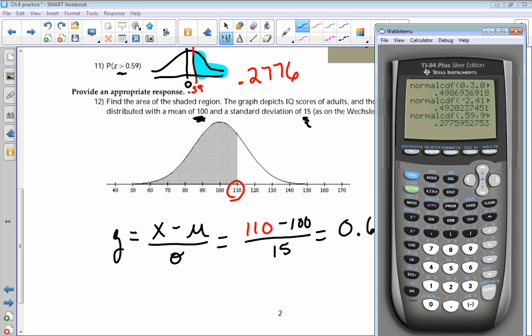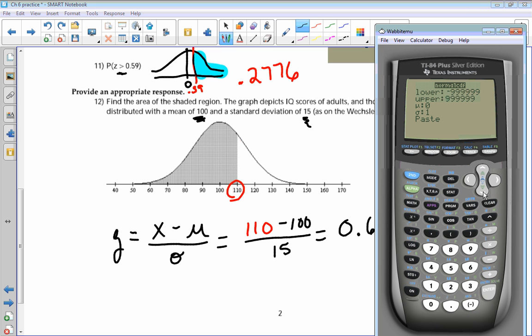and do second distribution, remembering that I have the z-score, so I'm looking for area. My lower is going to be negative 99999 because it's the low end of the curve.